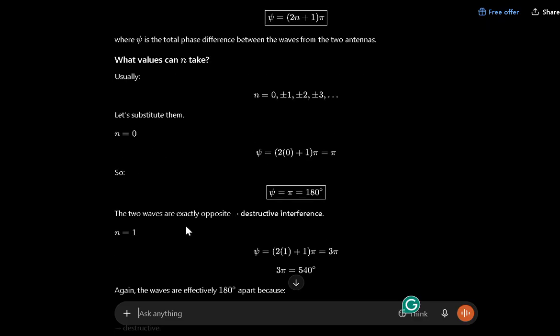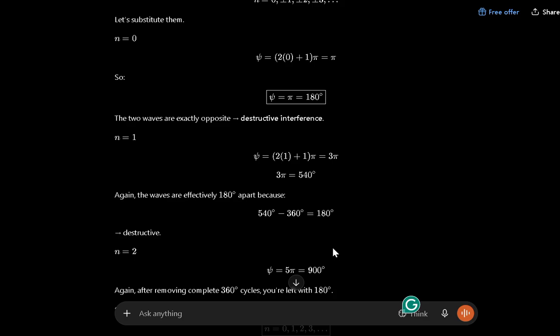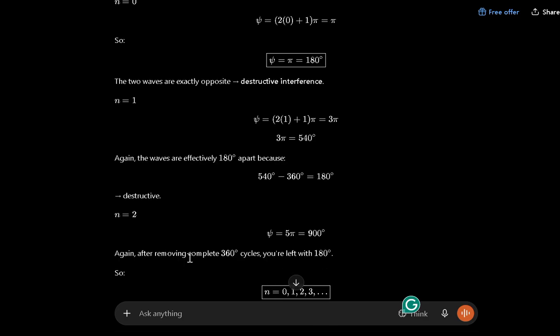The two waves are exact opposites, destructive interference. Now n equals 1: (2 times 1 plus 1) pi, 3 pi. Again, the waves are effectively 180 apart, destructive.